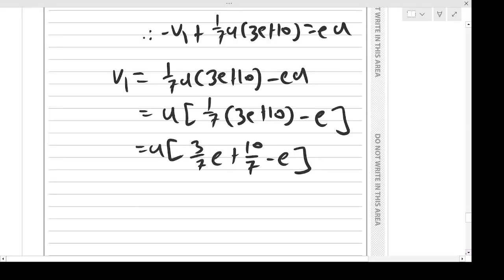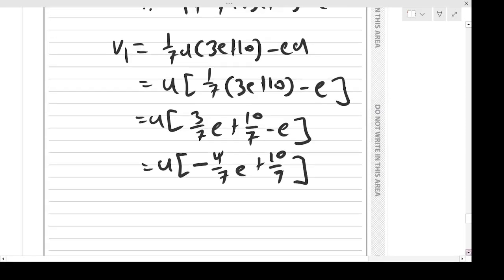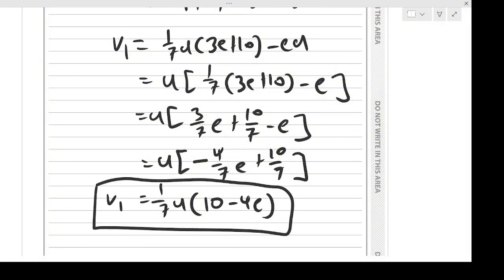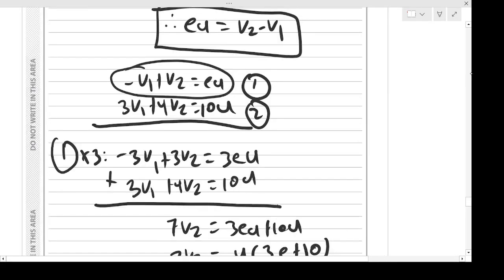And so then if I simplify, I get u lots of minus 4 over 7 e, add 10 over 7. Then finally, I can factor a 7th out. So I'm going to get u over 7 lots of 10 minus 4e, and that's my expression for v1.